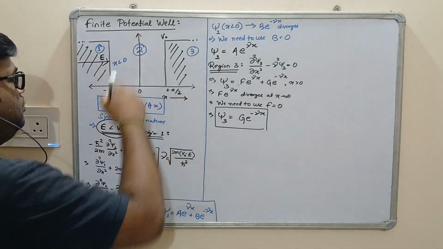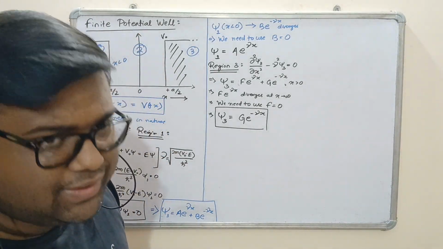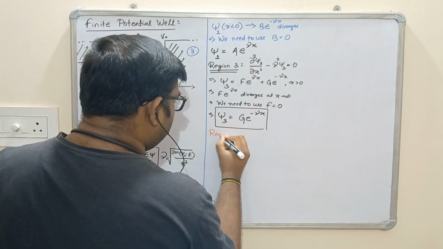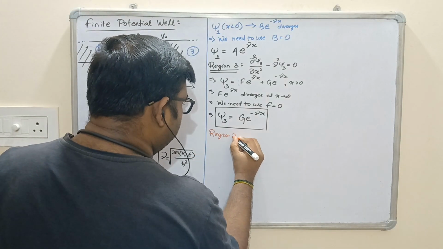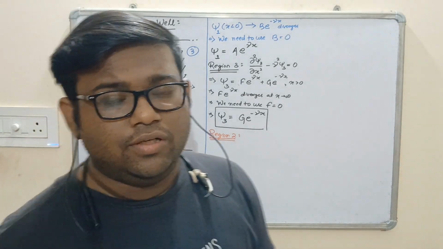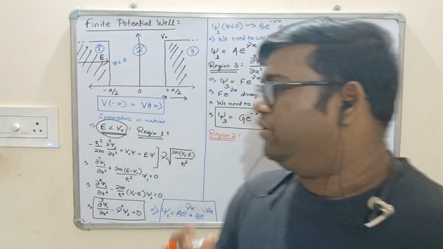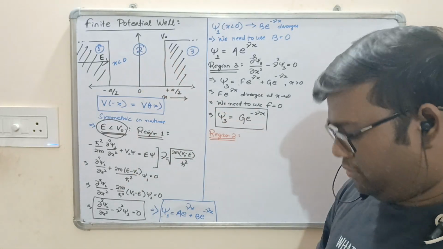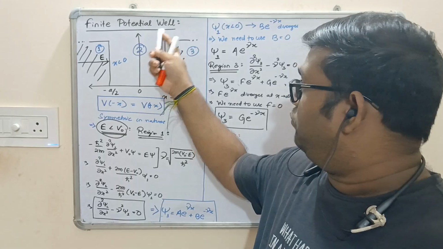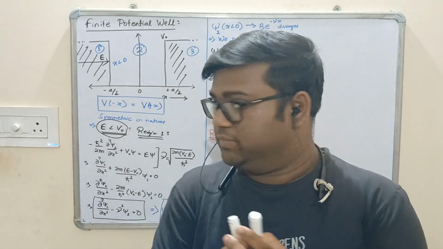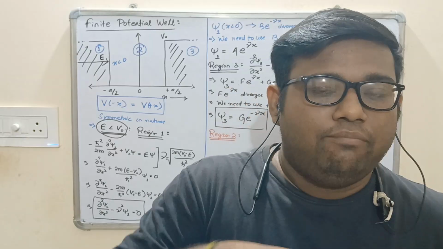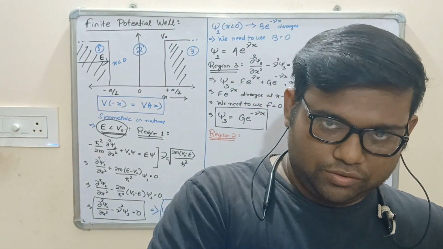What is left? Region 2. Look, region 2 is technically very simple. In region 2, there is nothing to really think about. But what happens is that when we solve problems related to the potential well, we have both odd solutions and even solutions.